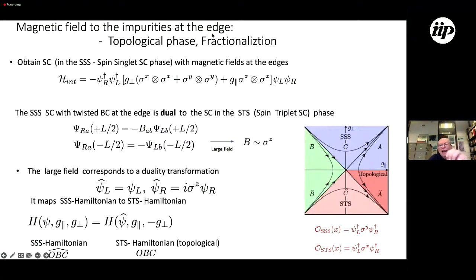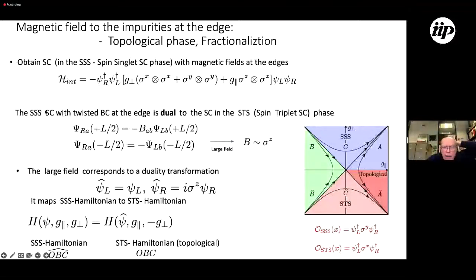And what I claim is that something very interesting will happen: it will push the system into a topological phase, which supports fractionalization at the edges. So here again, it's the superconductor in the spin singlet phase, spin singlet superconductor, we are here.